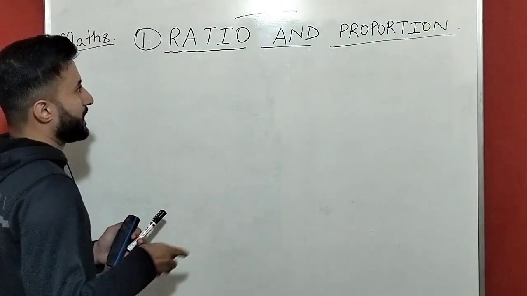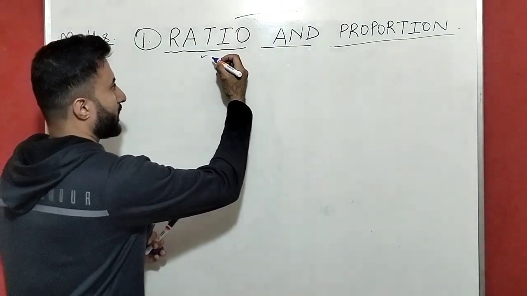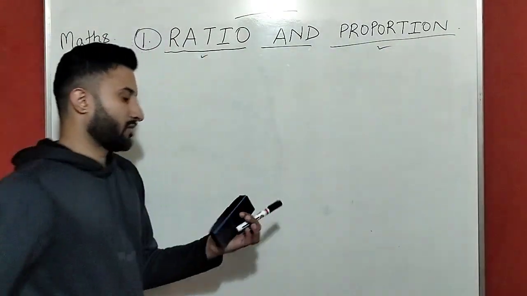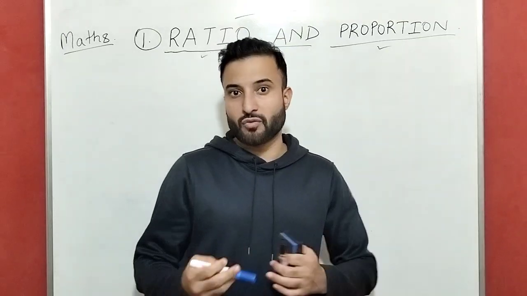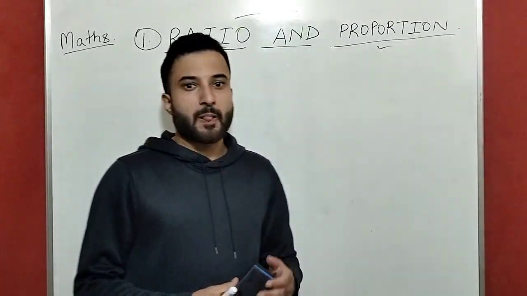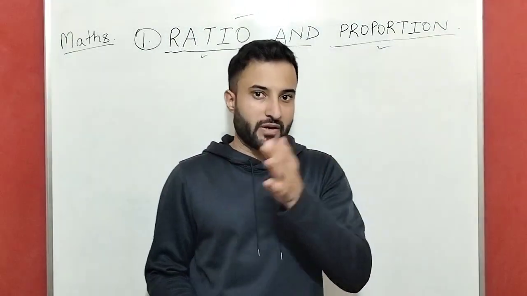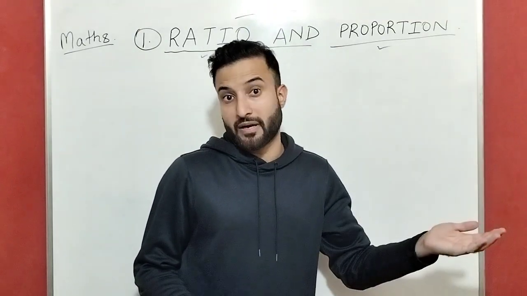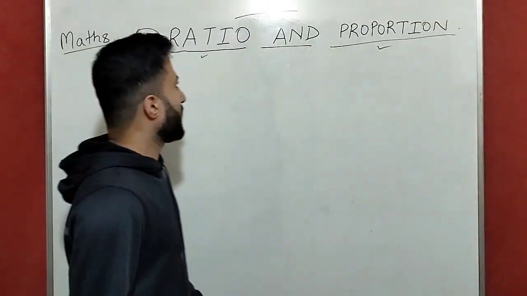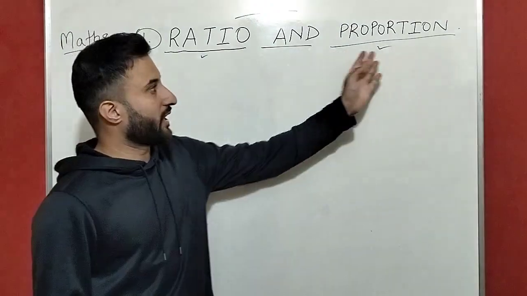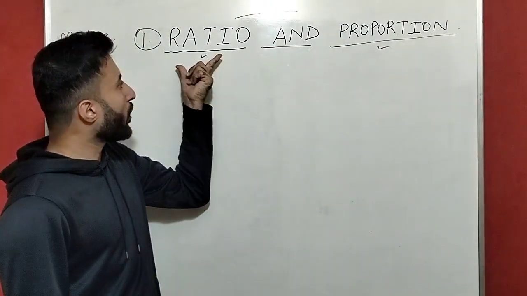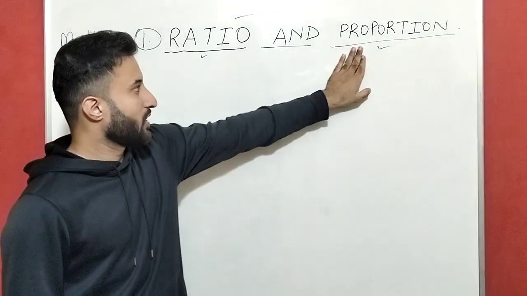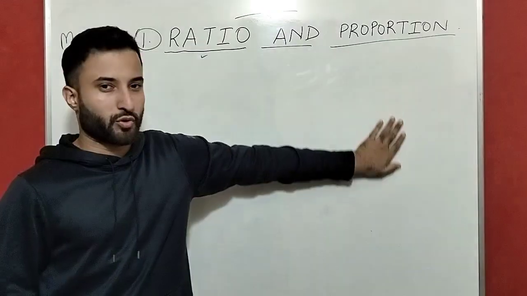First is ratio, another is proportion. Like in indices and log, we have one part indices, another part log. So here also we have two parts, one is ratio, other is proportion. Today we will see only the ratio, we won't see the proportion.